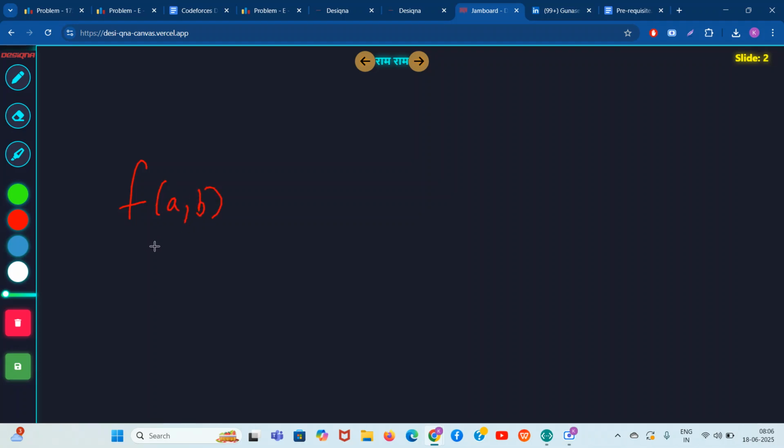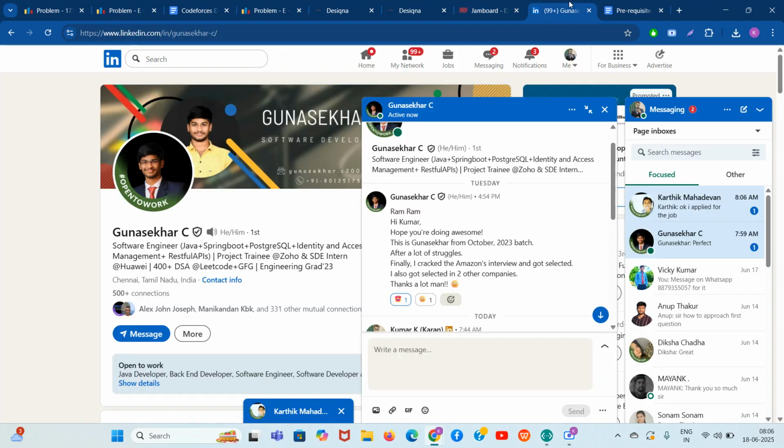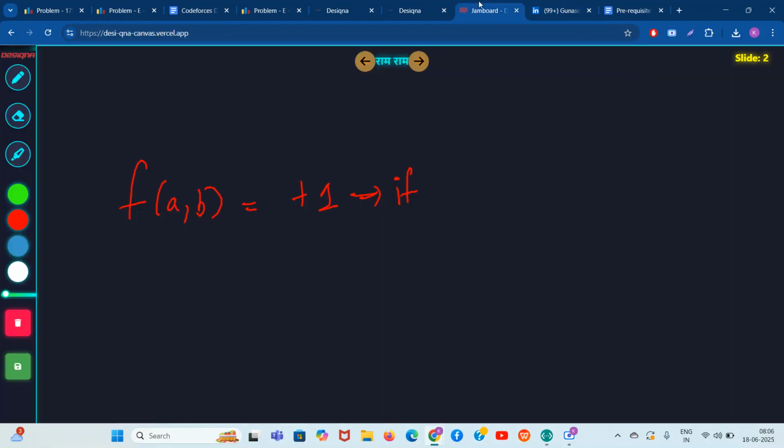Well, a comma b is nothing but, plus 1 is added to the cost if ai is equal to bi. So the number of indices where both the numbers are matching, that's all you have to focus upon.